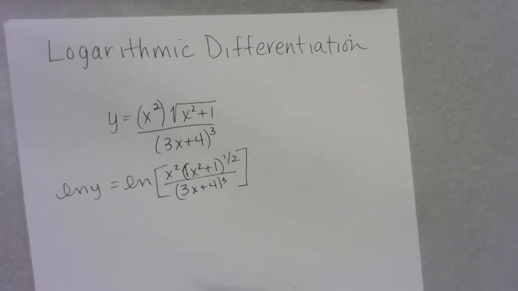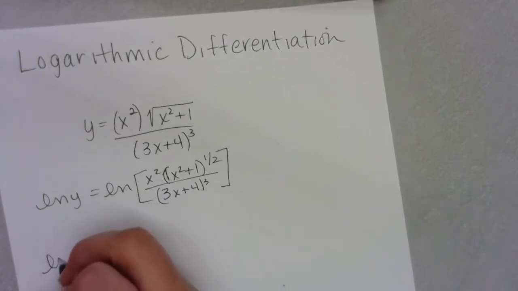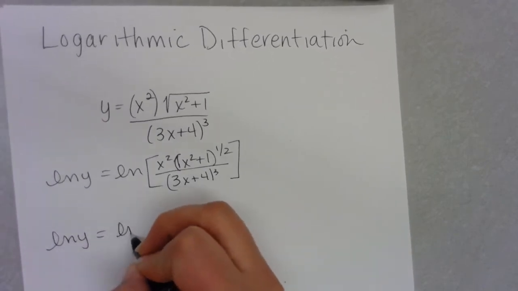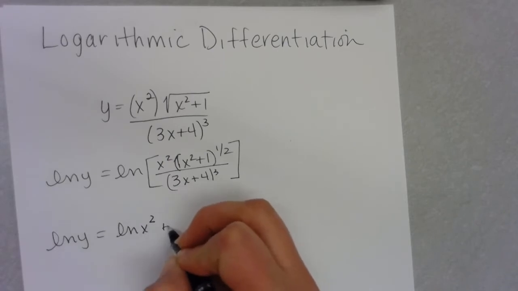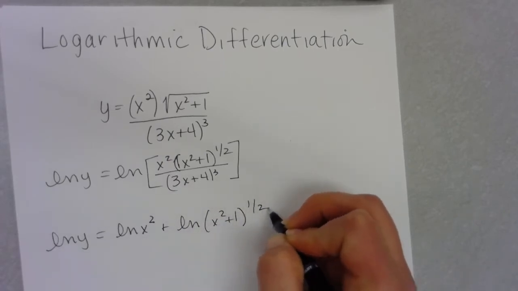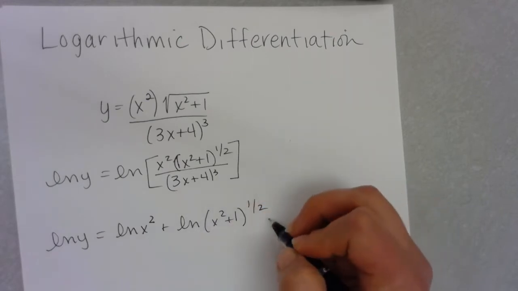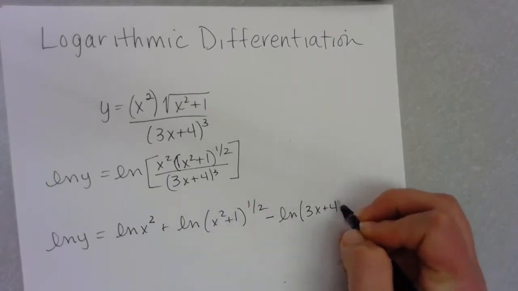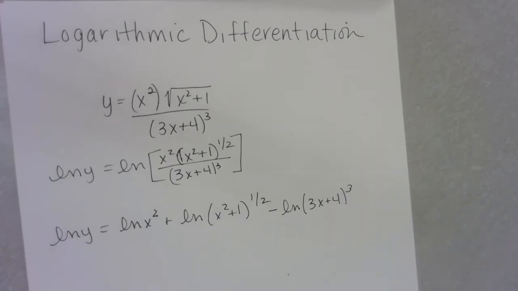So that's what we're going to do. We're going to expand it. So we're going to have the natural log of y equals the natural log of x squared plus the natural log of x squared plus 1 to the 1/2. And then this is in the denominator, so we're subtracting it, minus the natural log of 3x plus 4 cubed. All right, so now I have it nice and expanded.